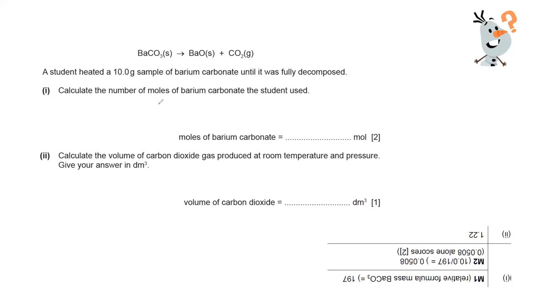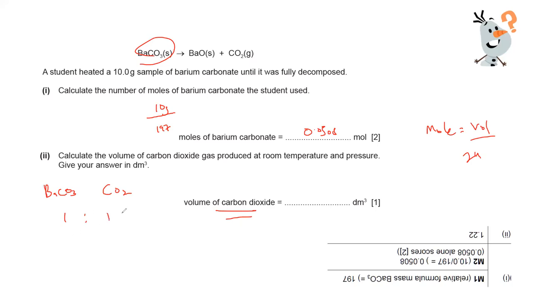So first what we did, we used mass in gram divided by molar mass, using the molar mass from the periodic table. So that is 0.0508. Then to get the volume, because we should have moles to get the volume, we always take the mole ratio. So you have barium carbonate and you are finding the moles first to get the volume. The ratio is 1:1. So if 0.0508 moles are there, then X moles of carbon dioxide is 0.0508 moles of carbon dioxide.